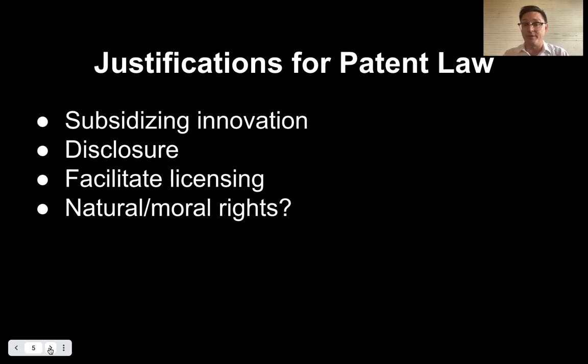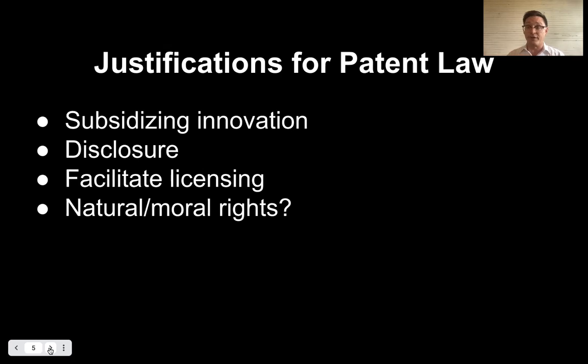One big benefit of the patent law regime is that fundamental to patent protection is disclosure. In other words, in order to get a patent, you have to tell the entire world what you invented and how it works, right? So the patent regime is fundamentally a disclosure regime. We give patent owners certain exclusive rights, in part in exchange not only for investing in innovation, but also for disclosing their innovation to the world, right?